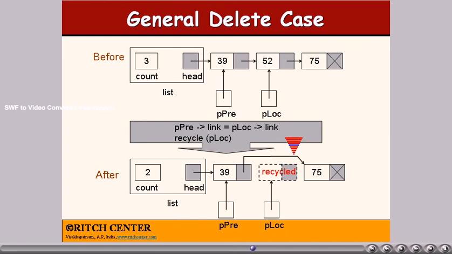That is, p3 arrow link is equal to ploc arrow link. That link has to be adjusted, and then the node pointed by the ploc has to be deallocated. Verify the slide where you find that a new link is created, a new arrow is shown, and then the node will be deallocated.